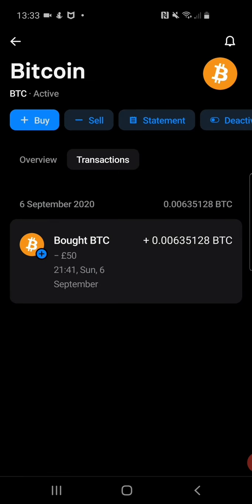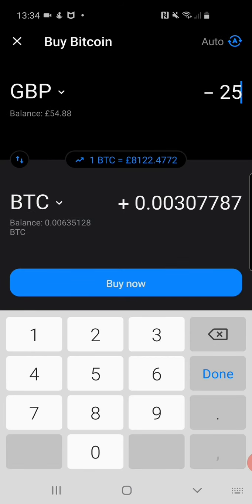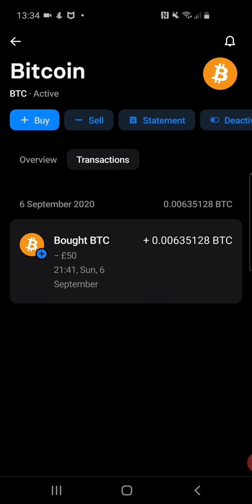Alternatively, if I just wanted to buy now, I'll just click buy, £25, simply click buy. You get to review the arrangement, confirm it, and it very much executes like a normal stock trade. It's really easy to use.